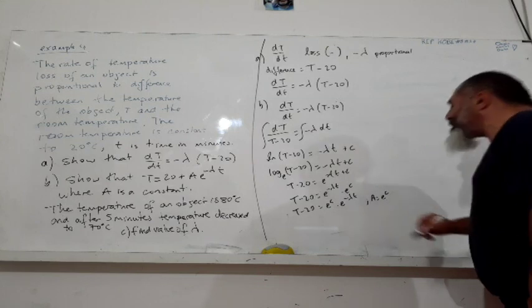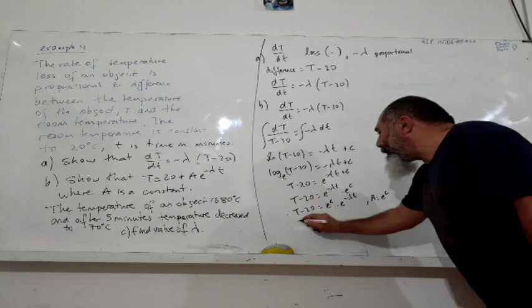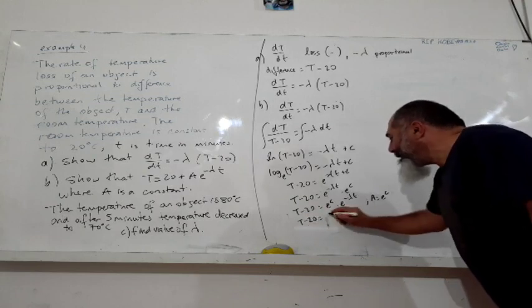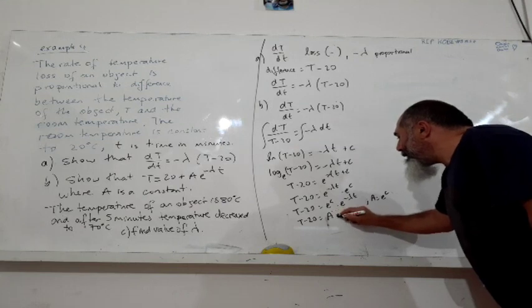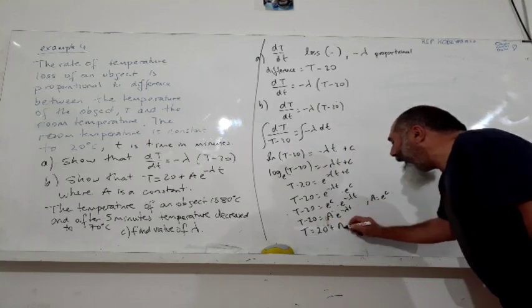So T minus 20 is equal to e to the power of c, that is A, times e to the power of minus lambda t. Take 20 there, T is equal to 20 plus A e to the power of minus lambda t. That's the way to show it.